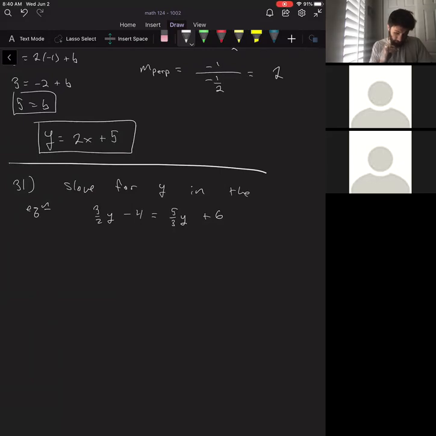So let's first start by adding the 4 over, adding 4 on both sides, and let's subtract 5/3 y to the other side.